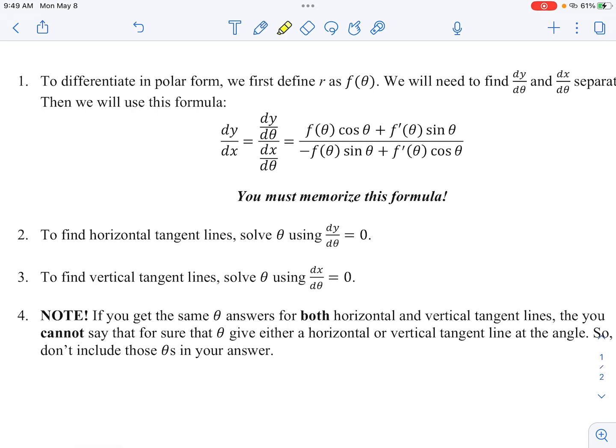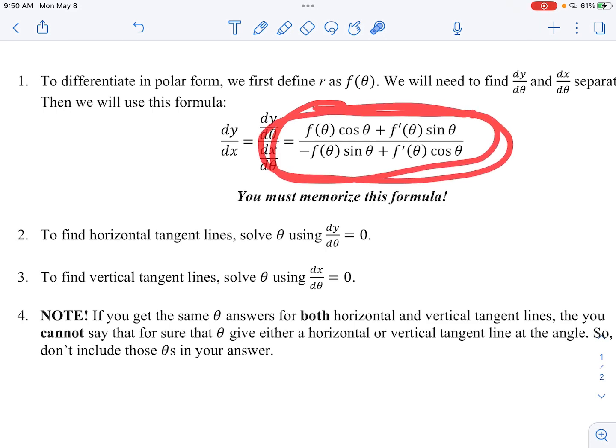At the end of the day, the slope of a polar curve is taking the derivative of y with respect to theta and dividing it by the derivative of x with respect to theta. And what happens is you end up with all kinds of product properties and other things. Really, probably the easiest thing to do is just memorize this formula.